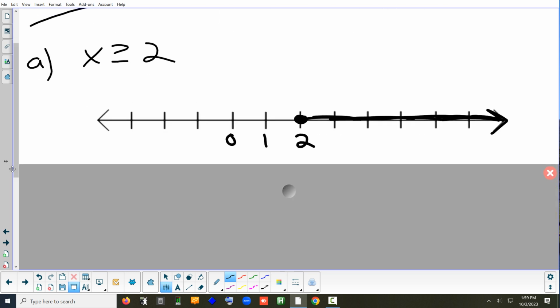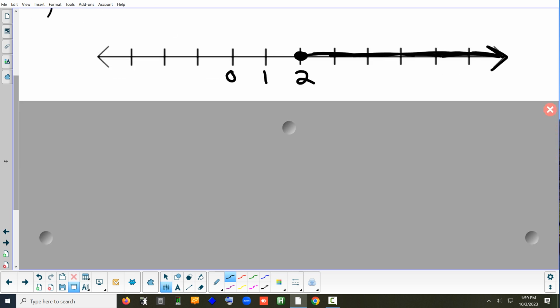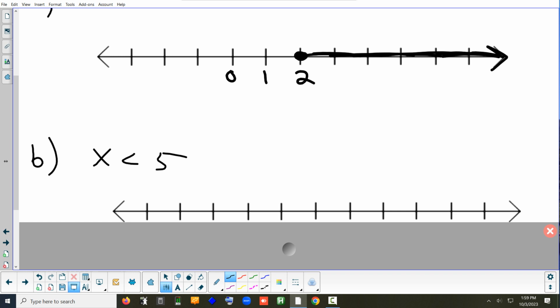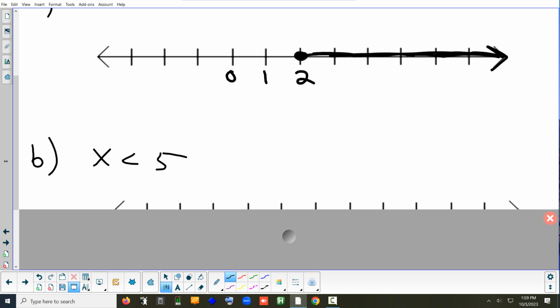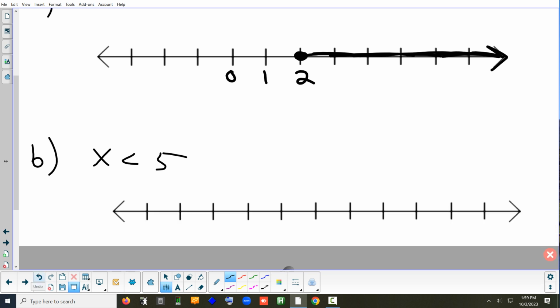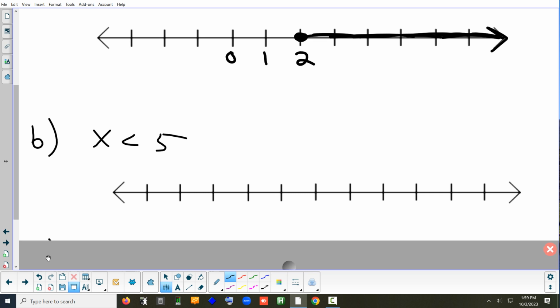Let's try this one. Another question I could ask: is this bounded or unbounded? Unbounded, because there's an arrow, which means it just keeps going forever. It doesn't stop. Let's try this one. x is less than 5. Set up your number line.